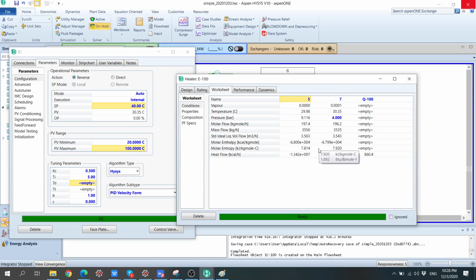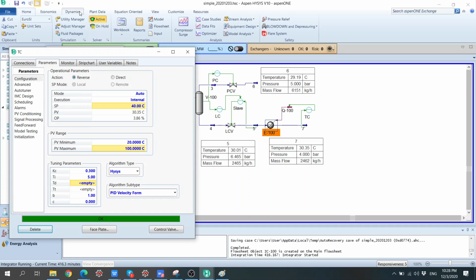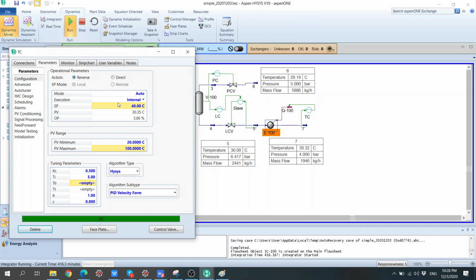If temperature drops below the set point, we have to increase this. So it's exactly reverse. So reverse, auto, 40 degrees C, and then we can make it active, dynamic. Oh, it started already.